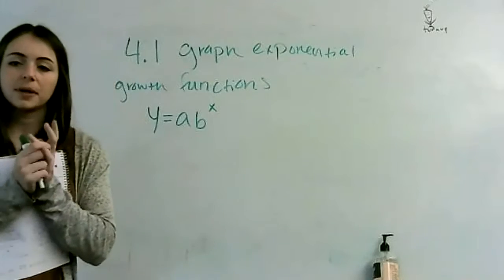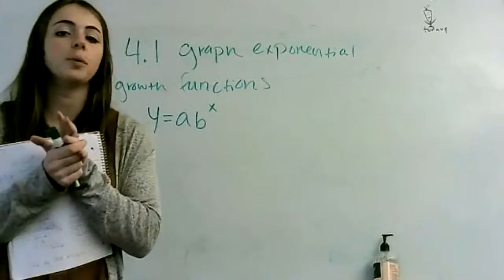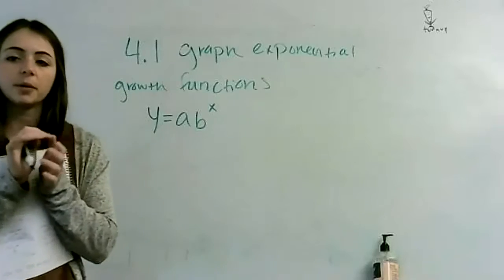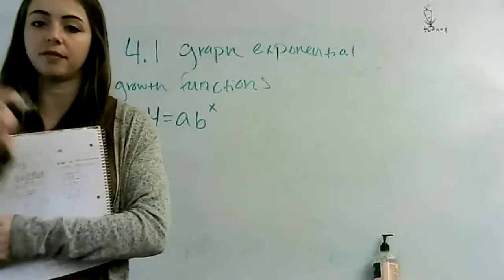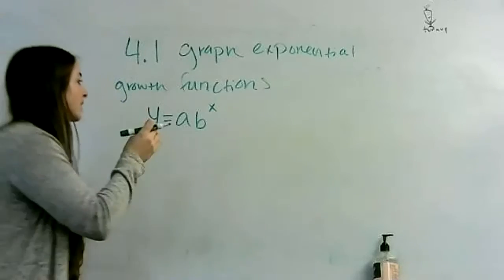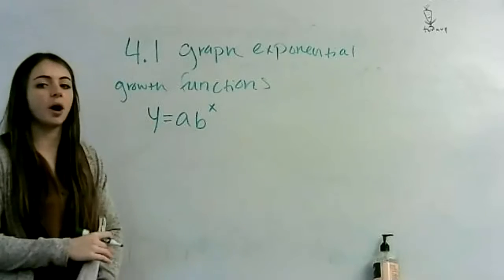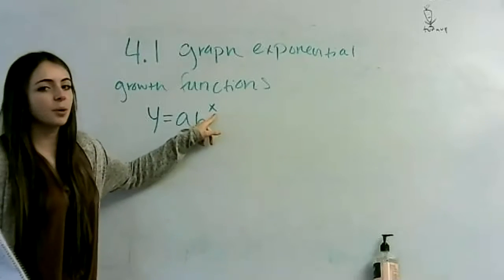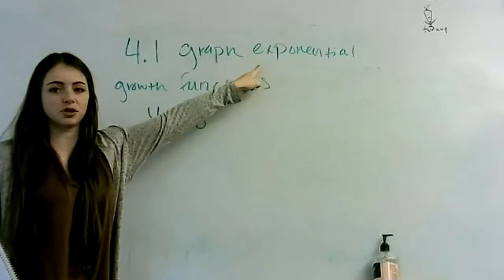Cubic function, because the variable is being taken to a cube. When we talked about square root functions, it's because the variable x had the square root of that variable. So the name of a function comes from what's being done to the variable. Since the variable is in the exponent, it's an exponential function.